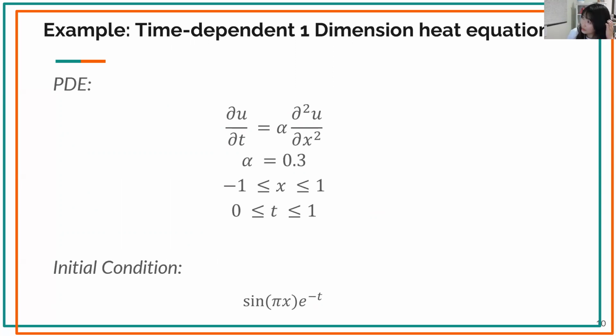The PDE I'm going to use is partial u over partial t equals alpha times partial squared u over partial x squared, with x between -1 and 1 and t between 0 and 1. My initial condition and boundary condition I just set to be the same, sin(pi x) times exponential of minus t.